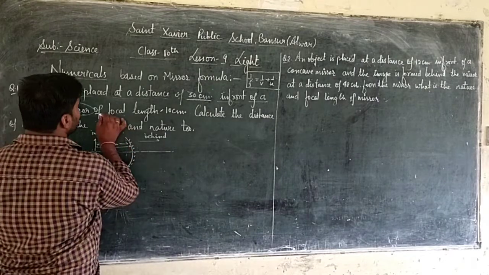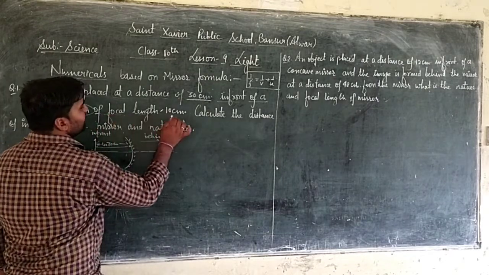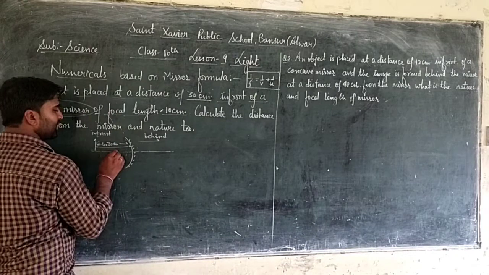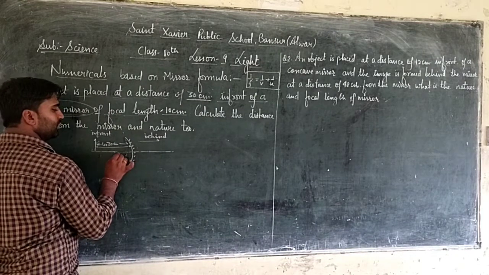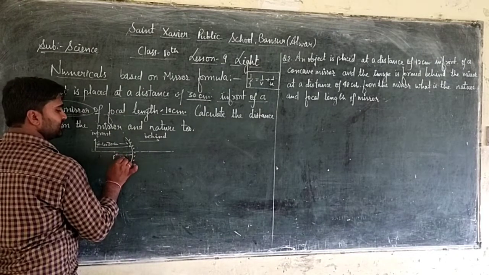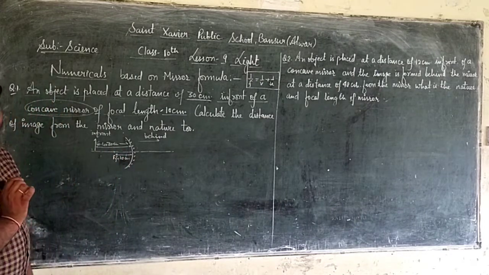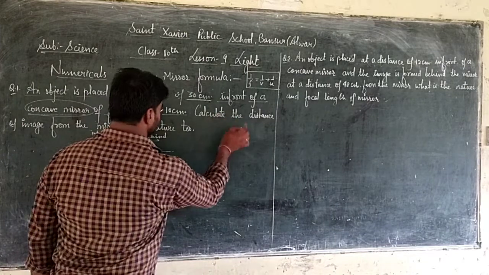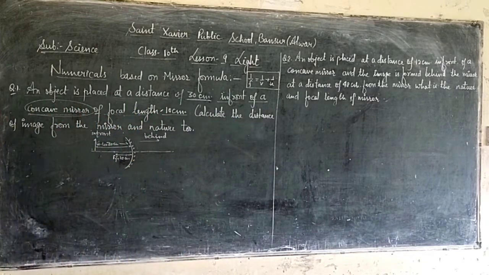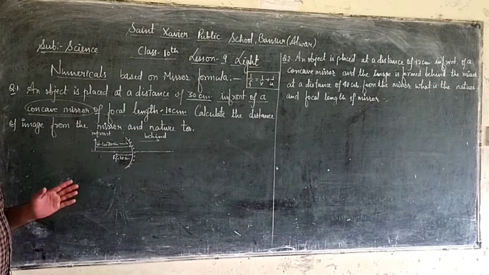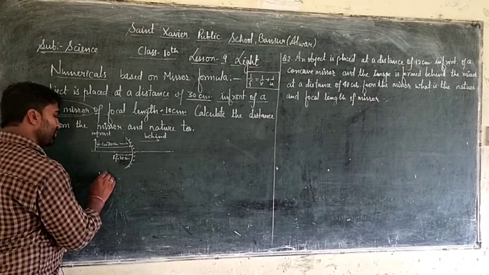After this he is saying, of focal length 10 centimeters. So imagine that this is the focal point, this is the focal length, this is 10 centimeter. So small f we also know, that is 10 centimeter. Calculate the distance of the image. Distance of image means v we have to find out.